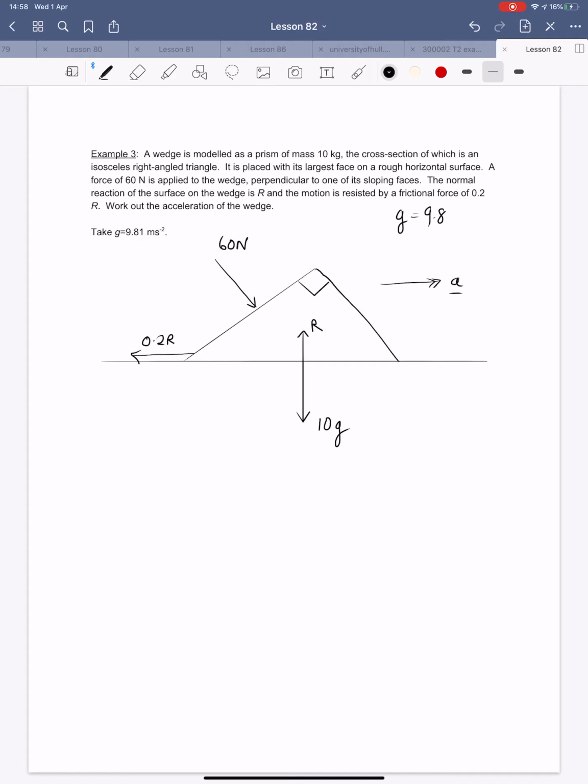Okay, so what I need to do now is set the forces.